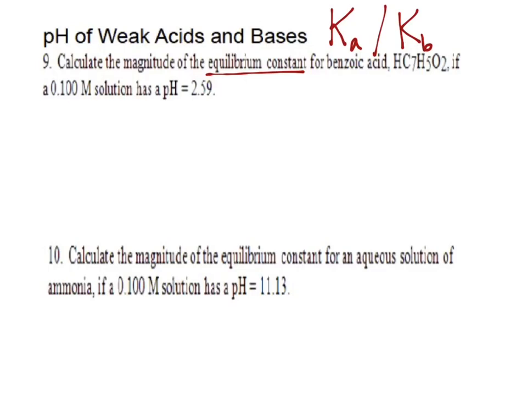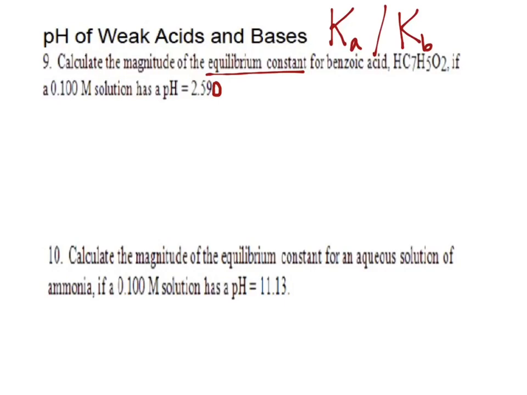For benzoic acid, HC7H5O2, if a 0.1 molar solution has a pH of 2.59, I'm going to add another digit in there, 0. We cannot straight away take the pH and get the H plus, because this is a weak acid.